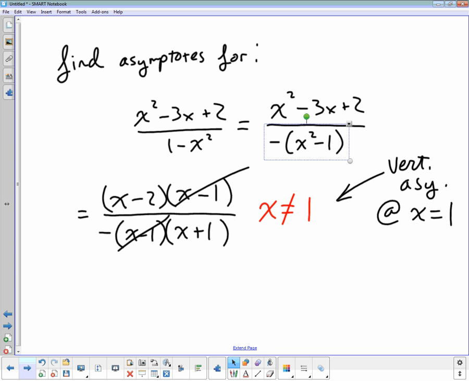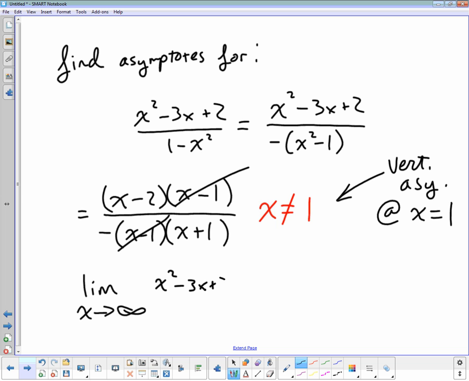And really what you have is 1,000,000 over 1,000,000, and they cancel out, except for the -1. So as x approaches infinity, this thing goes to -1.